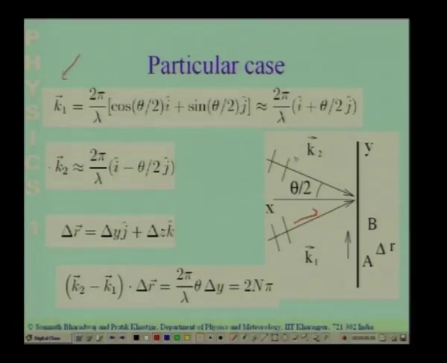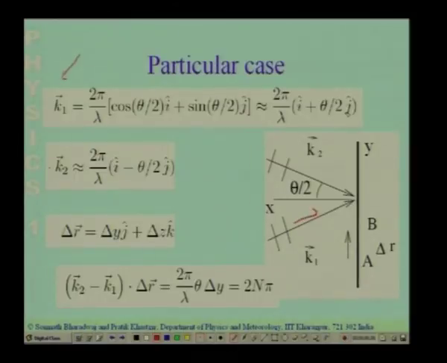So, both the waves are nearly normally incident, but not exactly so. As a consequence, there is a small angle theta by 2 between this wave vector and the x axis. If you assume that this is small, then the cosine can be replaced by 1, the sine can be replaced by theta by 2. So, the wave vector k1 is approximately equal to 2 pi by lambda into i plus theta by 2 into j.